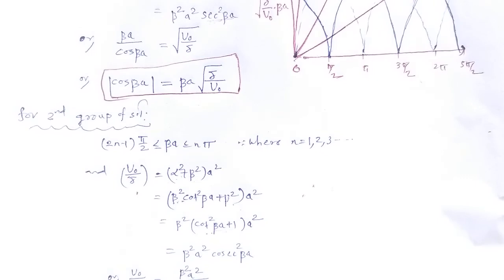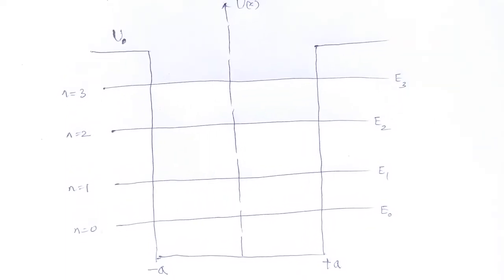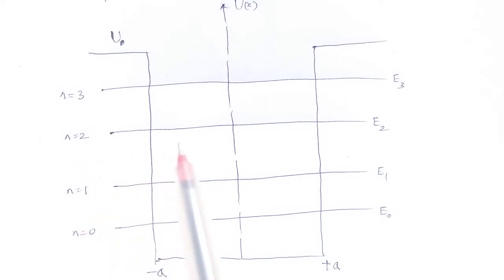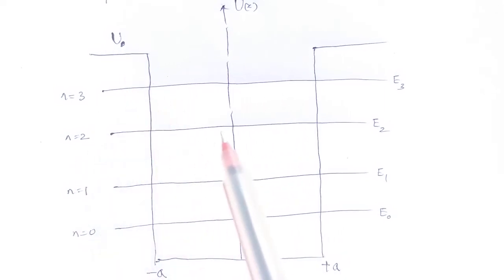So when we plot the graph for the energy levels, n is equal to 0, n is equal to 1, 2, 3, this is as u naught.